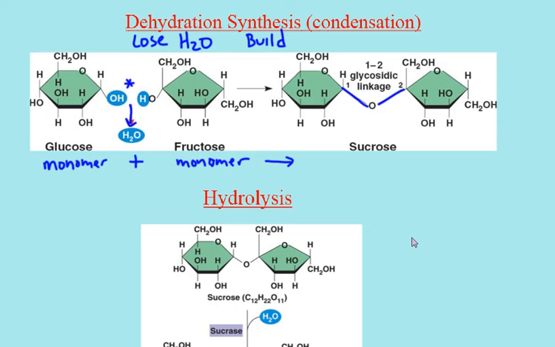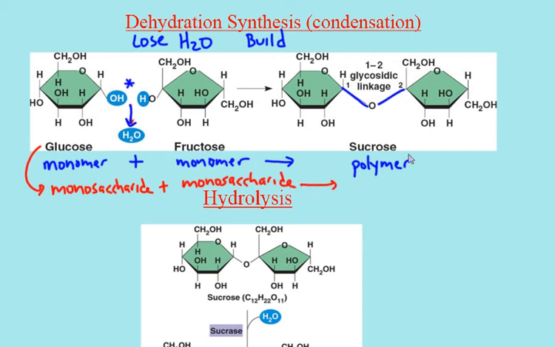Whenever you are building monomers into a chain, you are forming what's called a polymer. It is a very general term for just something more complex built in a chain of monomers. From a carbohydrate standpoint, since we have two different monosaccharides, in this case glucose and fructose, then sucrose would be known as a disaccharide.